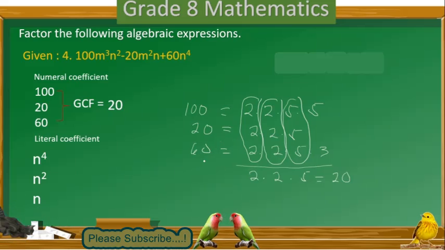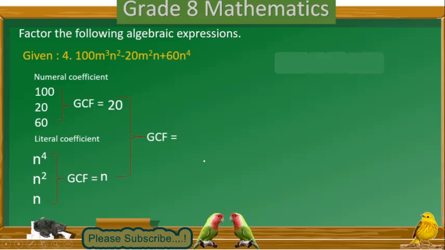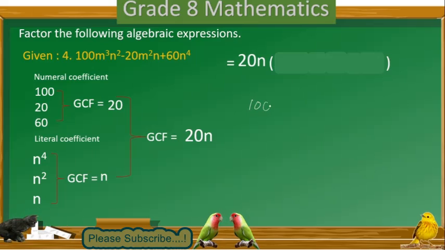For our literal coefficient, it is n. So to combine it, we have 20n. Then that would be our divisor of the given expression to get the factored form. Okay. 100 m cubed n squared divided by 20n.